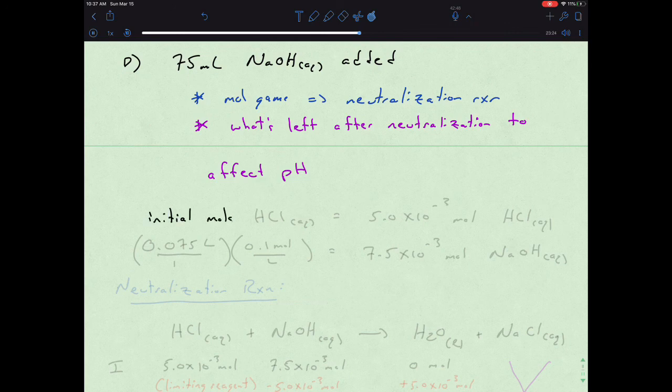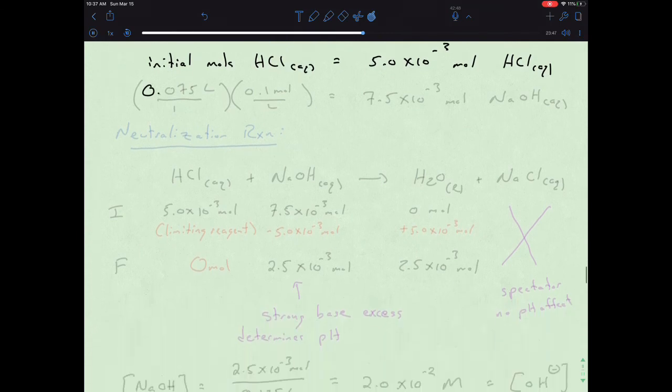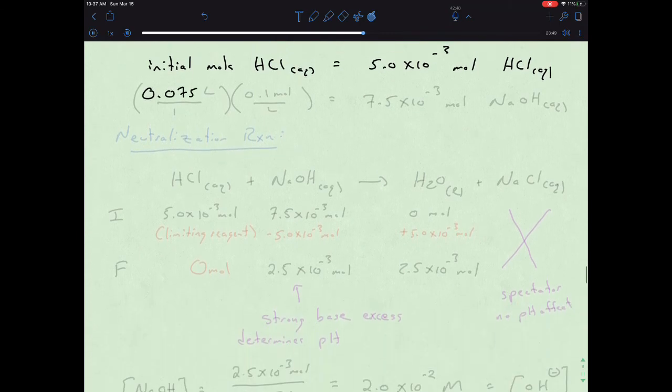So we're still starting with that initial mole value of the HCl to be 5 times 10 to the negative 3rd moles. And again, that titrant is always changing, so we need to figure out its new mole value.